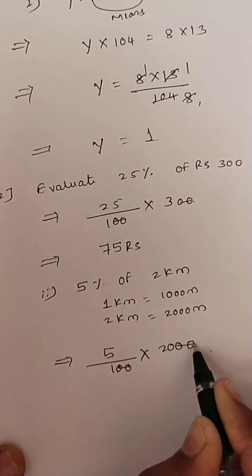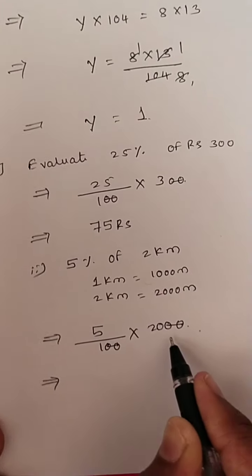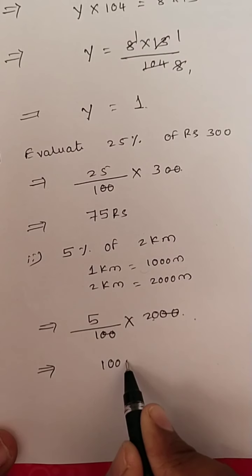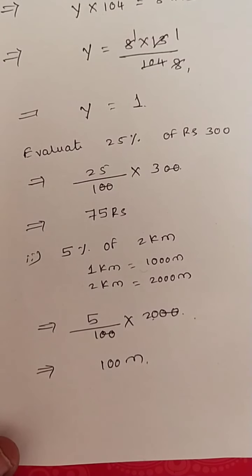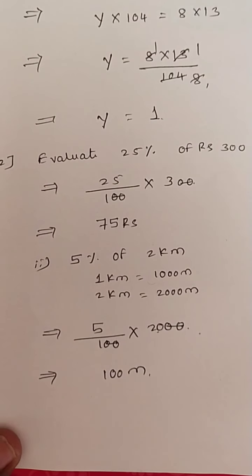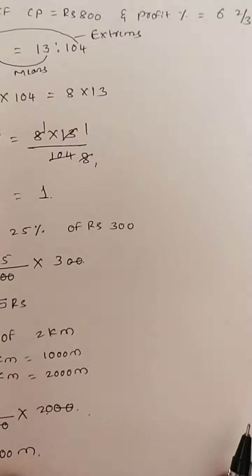The zeros cancel, so the remaining is 20 into 5, that is 100 meters. Such types of examples you have to take from your textbook and solve by yourself at home.